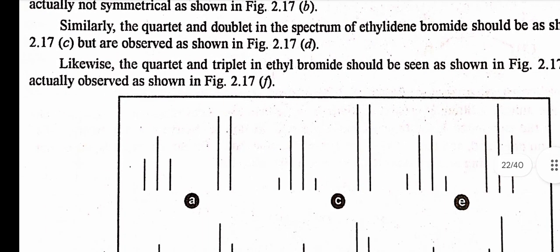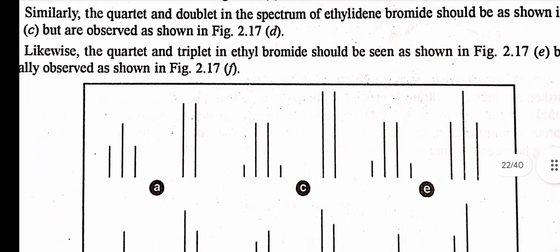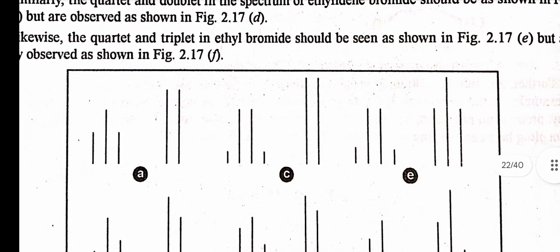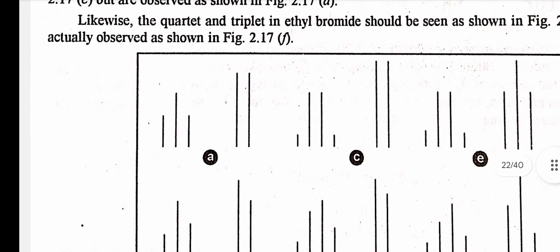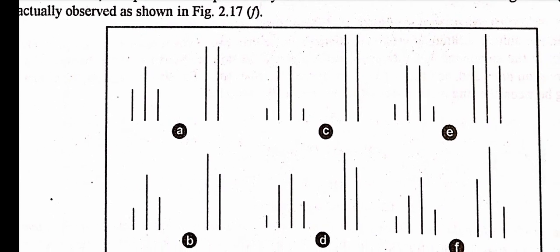Similarly, the quartet and doublet in the spectrum of ethylene bromide should be as shown in figure 2.17, but are observed as shown in figure 2.17d. Likewise, the quartet and triplet in ethyl bromide should be as shown in figure 2.17e, but are actually observed as shown in figure 2.17f.